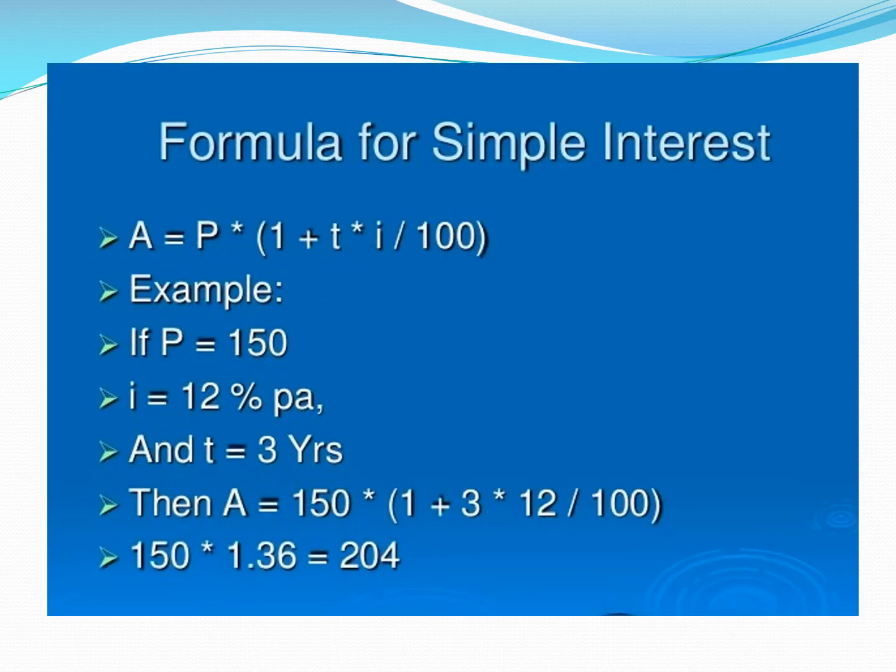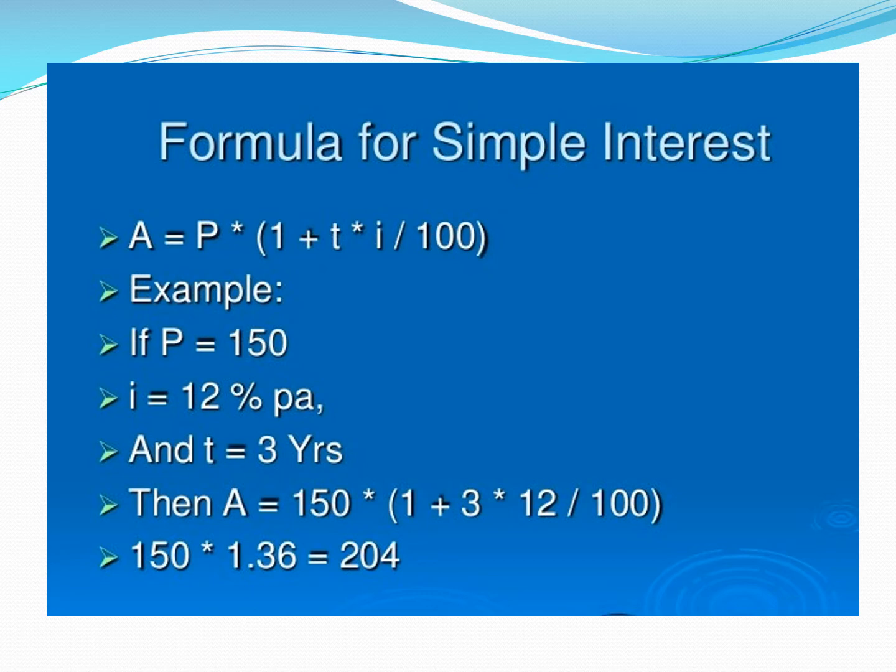And the formula for amount: A equal to P into 1 plus T into R by 100. For example, if the principal amount is 150 rupees, R equal to 12% per annum and the time period equal to 3 years, then amount equal to 150 into the bracket of 1 plus 3 into 12 by 100. Simplify it step by step.